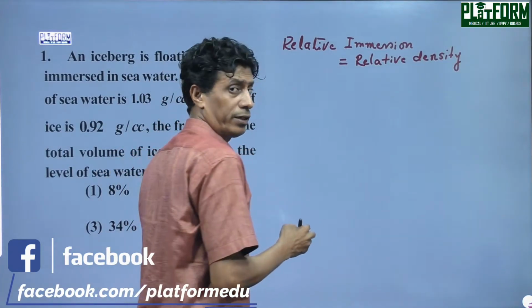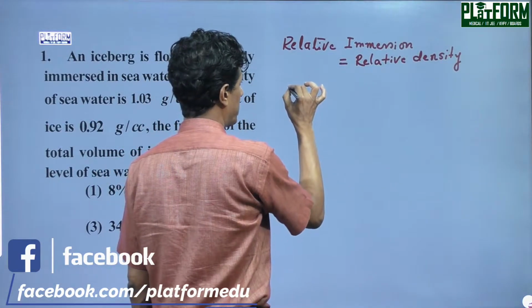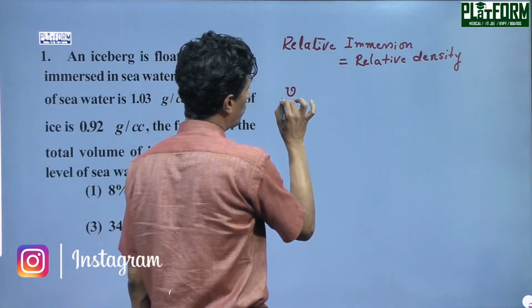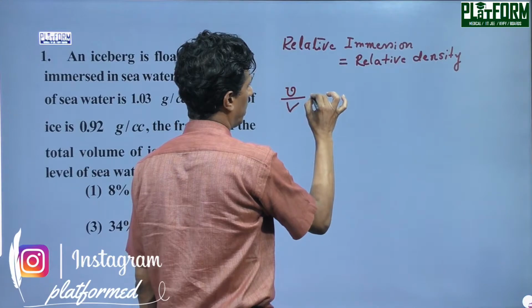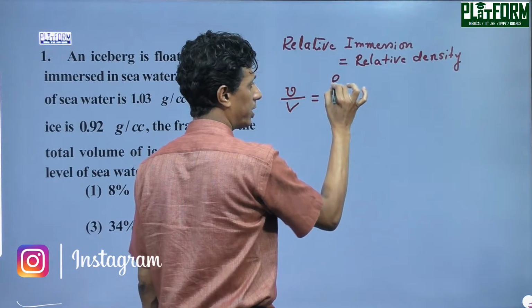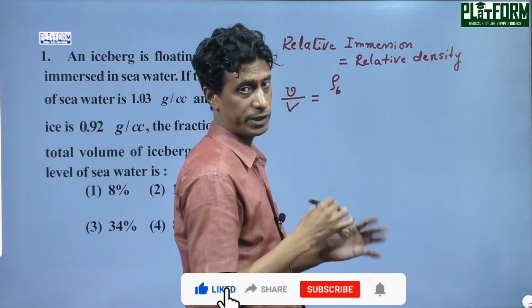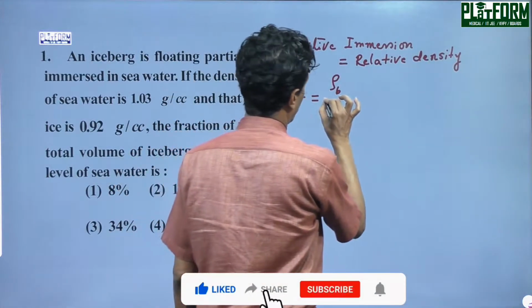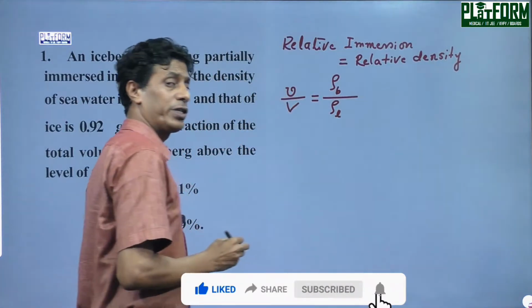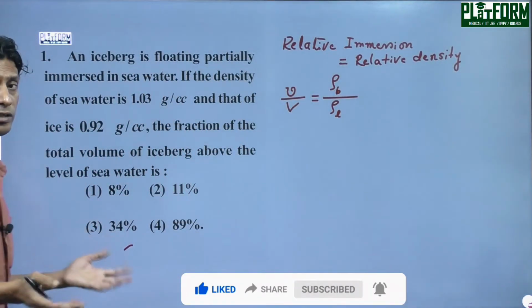Let me explain what is relative immersion. Relative immersion is the volume of the body immersed by total volume, and relative density is the density of the body floating, partially immersed, by density of liquid in which the body is floating.